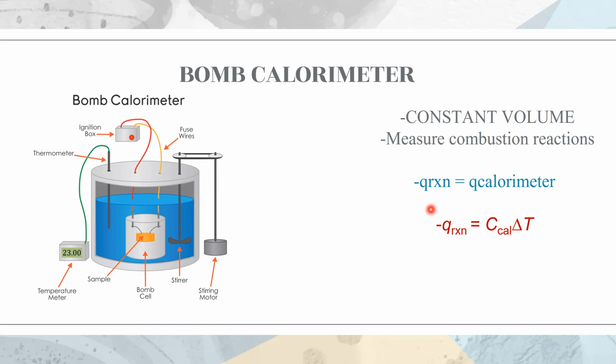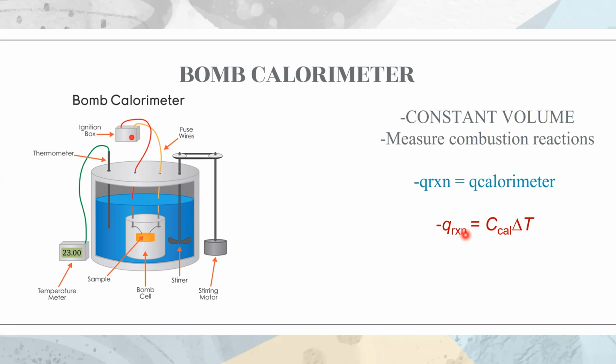And we can rearrange this equation to calculate anything that we need, such as the difference in temperature or the heat capacity of our calorimeter. We're going to go over a few examples of how we can use this equation. In further lectures, we'll use different variants of this equation as well to calculate different things.